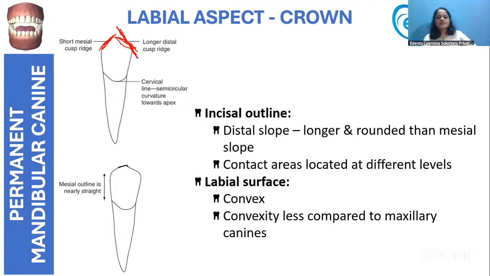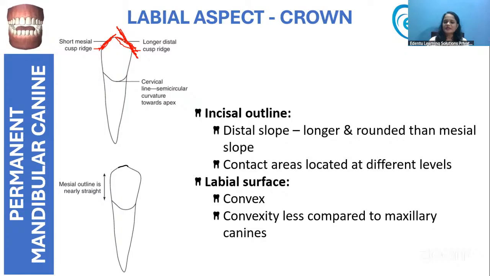The contact area is also located at different levels. One is at the incisal third, whereas the other one is a little lower, at the junction of the incisal and middle third. So that's a major difference between the mesial side and the distal side.